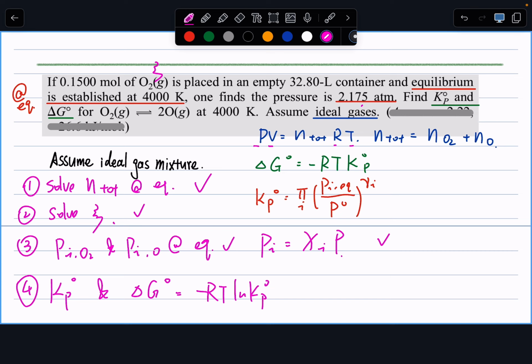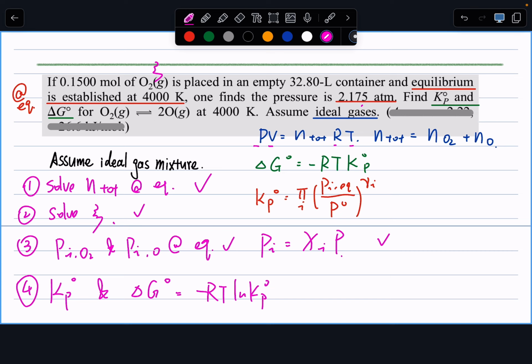And my R, since I have atm and liters, I want to use something of the same unit: 0.0821 atm·L per mole per Kelvin, times the temperature of equilibrium, which is 4,000 Kelvin. That gives me 0.2172 mole. Right. Just plugging numbers, nothing fancy. That's our first step. We're done.